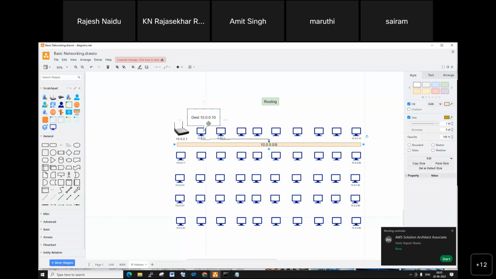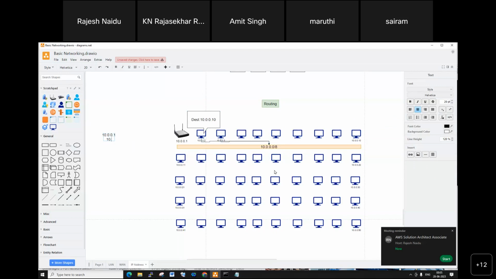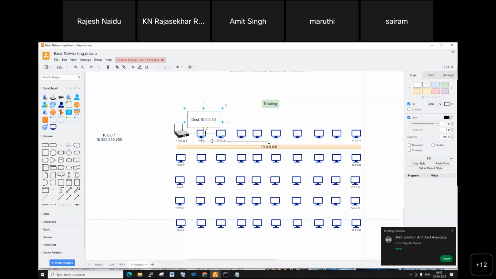Based on Class A, the 10 network, what is the starting IP address and what is the ending IP address? This is the starting IP address and the ending address is 255. This range it will follow, and any system in it can communicate with each other.